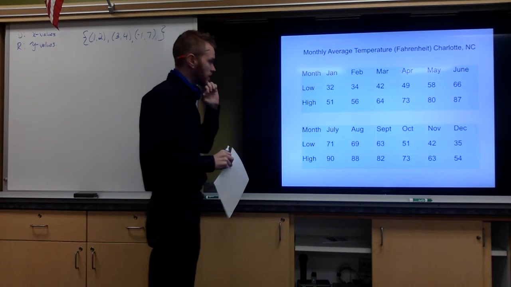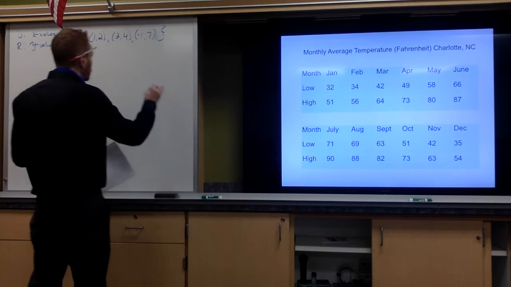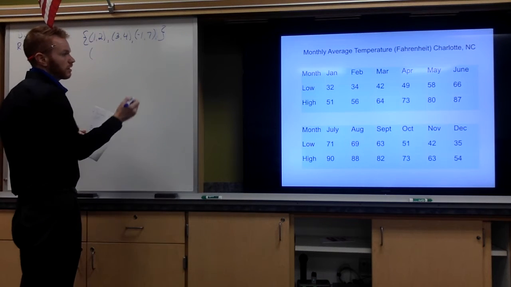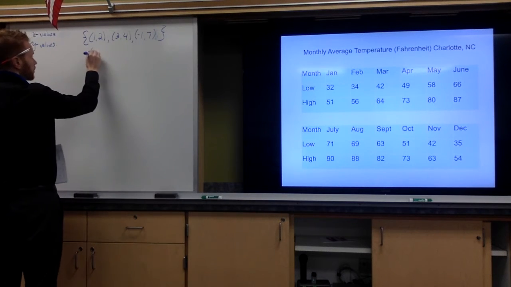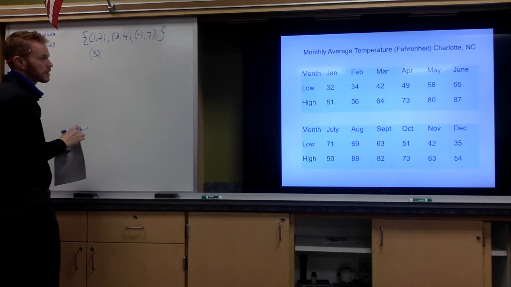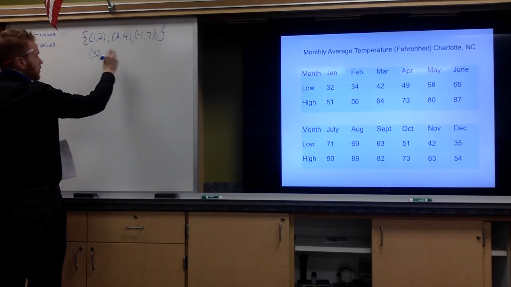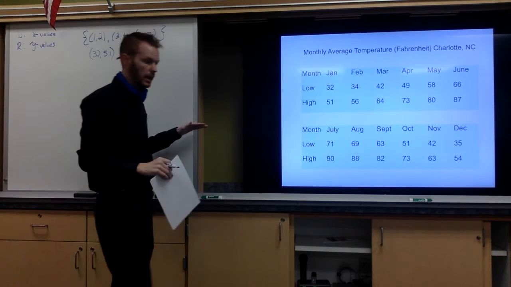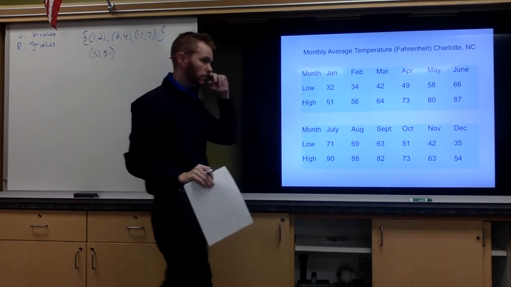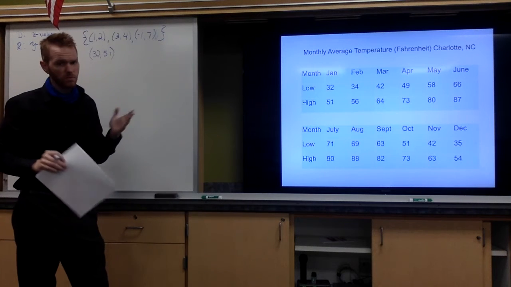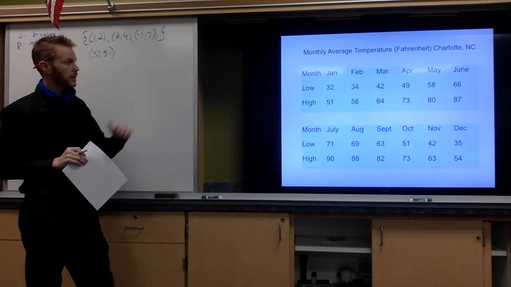Taking a look at this table, we could say that all the lows would be an X value for us. So let's look at 32 degrees as my X value. My high value for the month of January could be my output, we'll say 51 degrees. We can have a low and high for a grid, just for instance. Now take a look at everything.